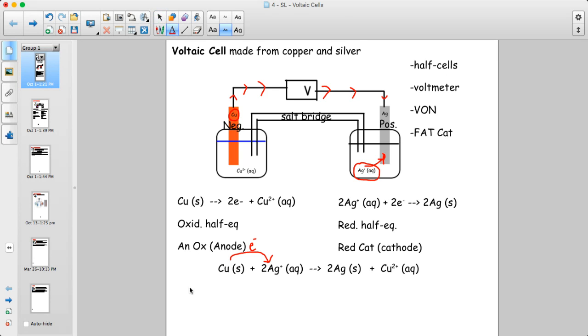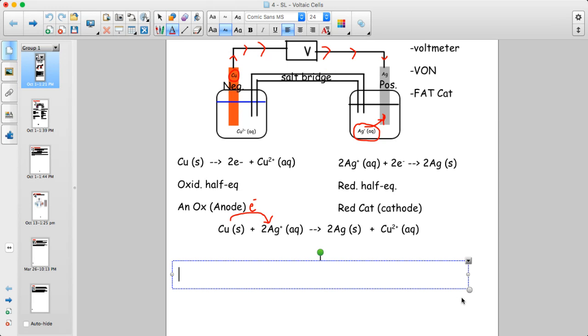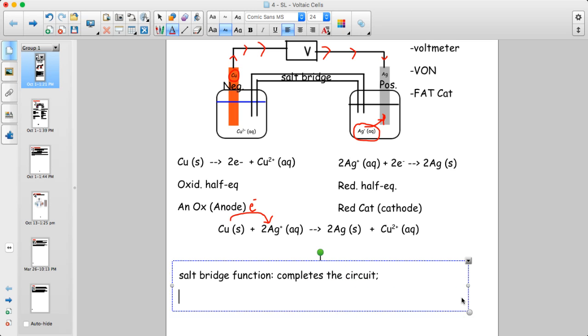The salt bridge can be something soaked in a saltwater solution, or it can be a saltwater solution inside of a glass tube, a U-shaped tube. But essentially, one simple way to say the function of the salt bridge is that it completes the circuit, which it does electrically.